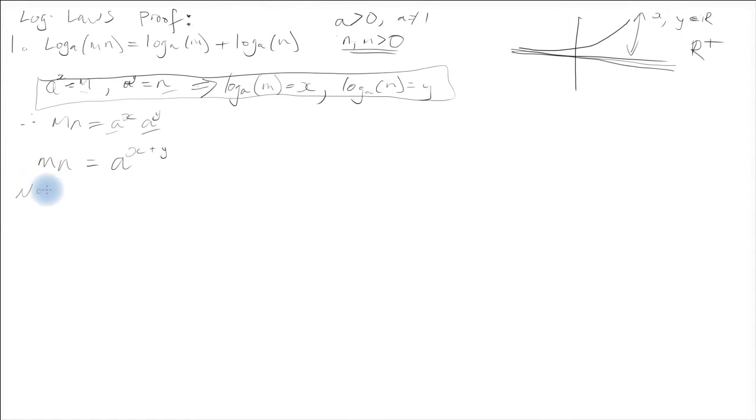Now what we're going to do is take log to the base a of both sides and see what happens. So on this side we have log base a of mn, and it equals log base a of a to the x plus y.